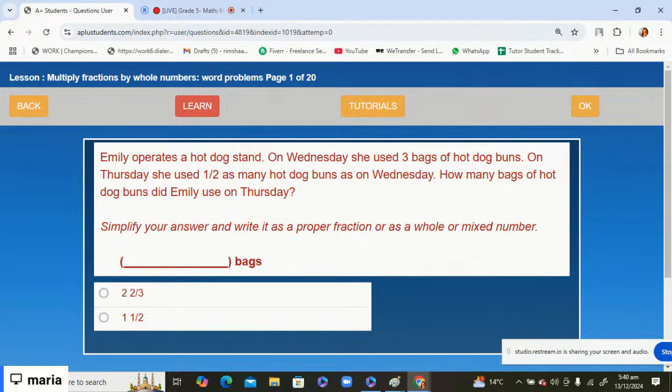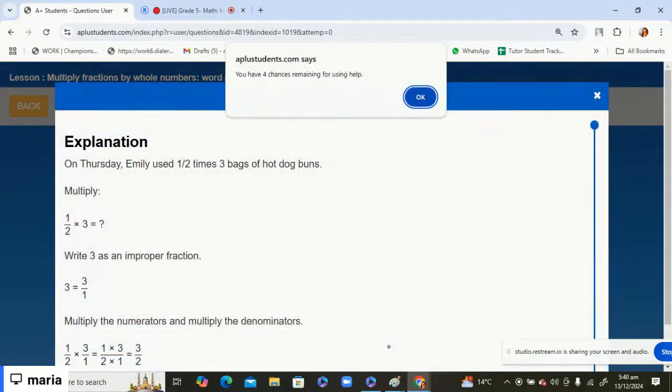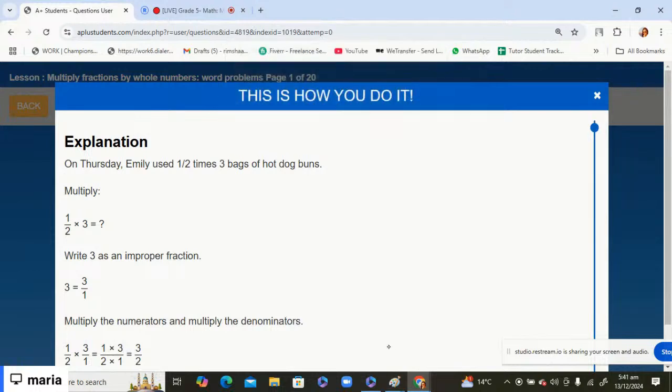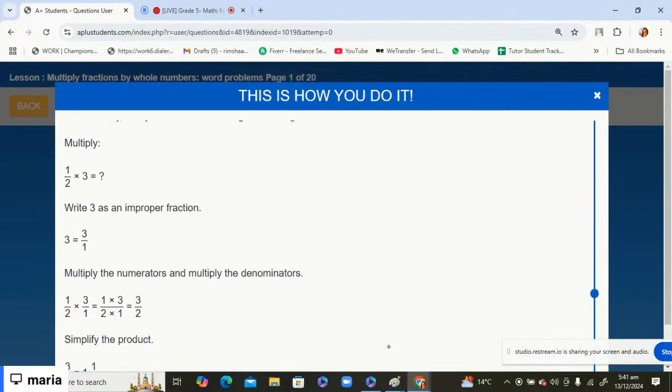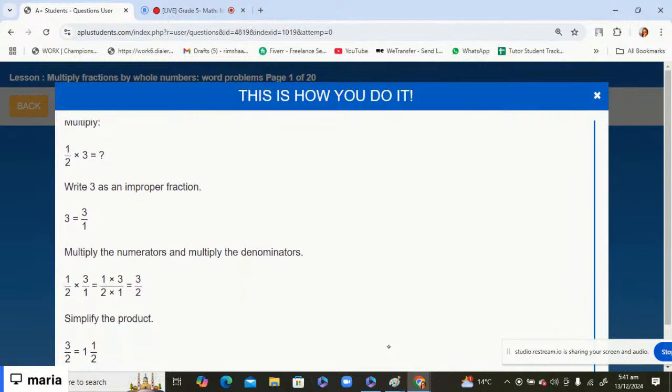So, two things are given here. It's 3 bags of hot dog buns and 1/2 as many on Wednesday. So, 3 times 1/2, what's the answer? They are saying it's 3/2, and then you're going to divide it.